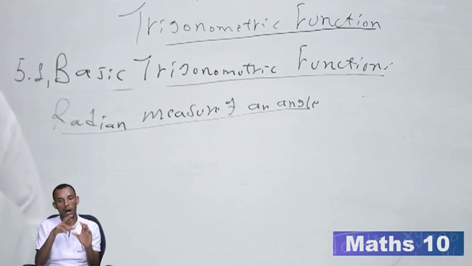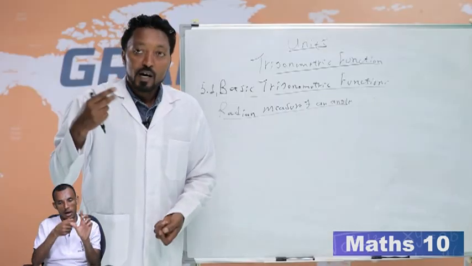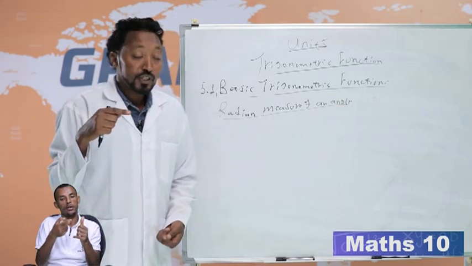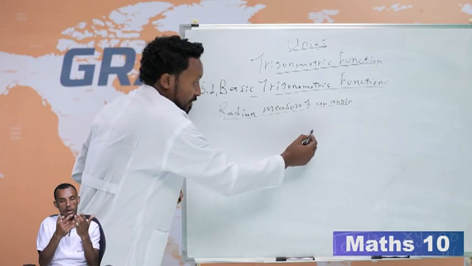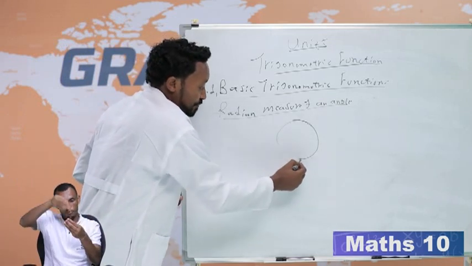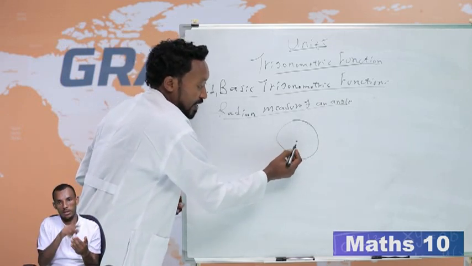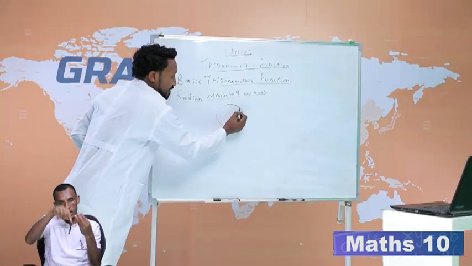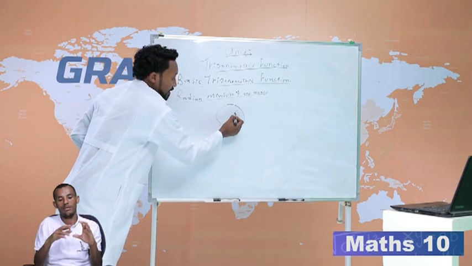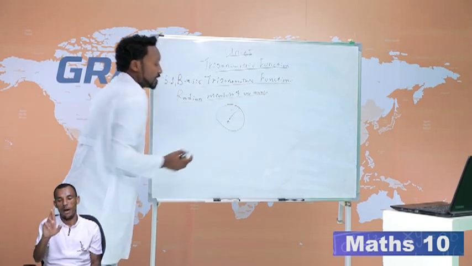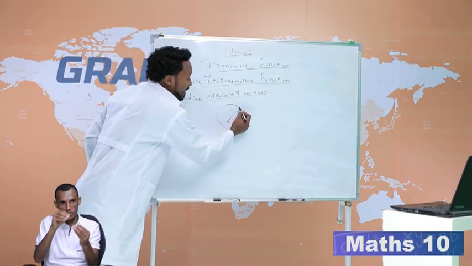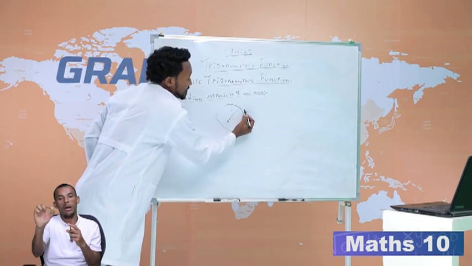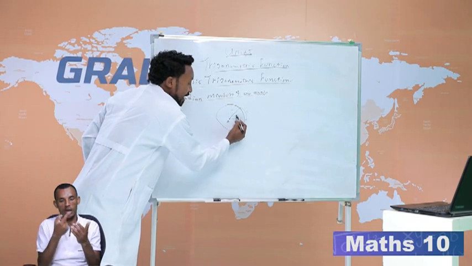Therefore, radian measure of an angle is the same as measuring a certain angle with initial position and terminal position. This means there is a circle here, there is a center of the circle, and there is radius r, and also there is an intercepted arc here. This intercepted arc is known as S. Here is theta, angle theta.